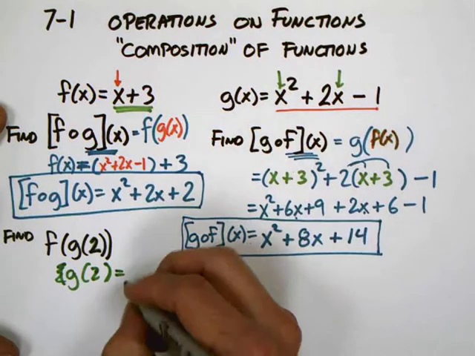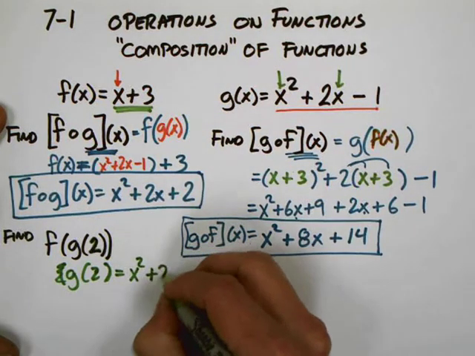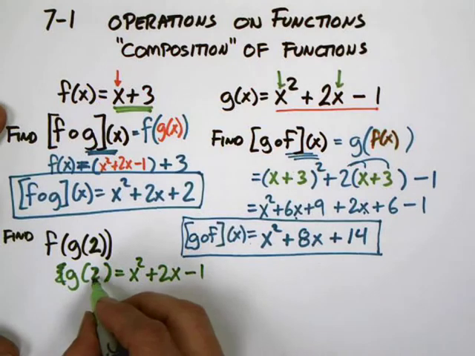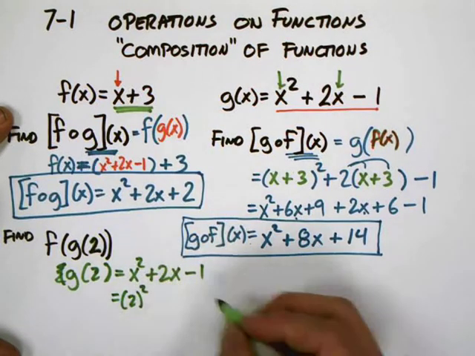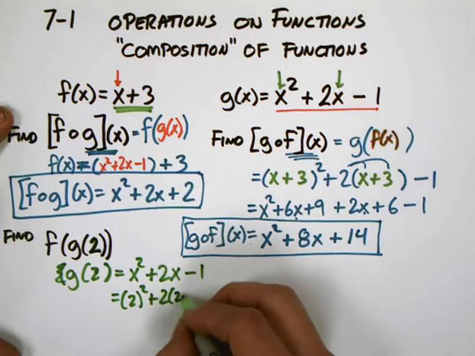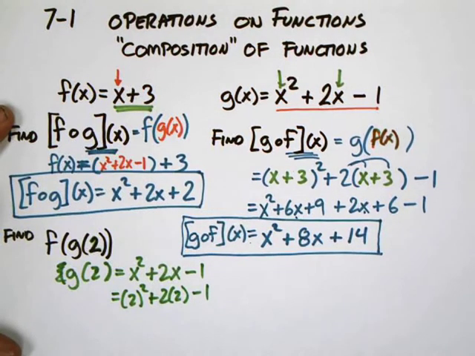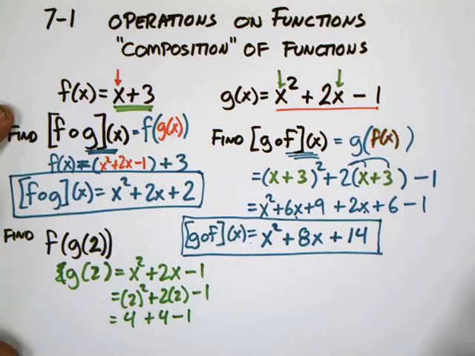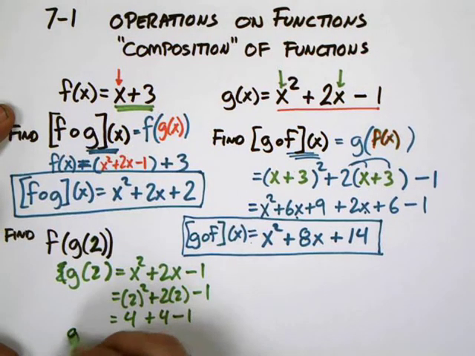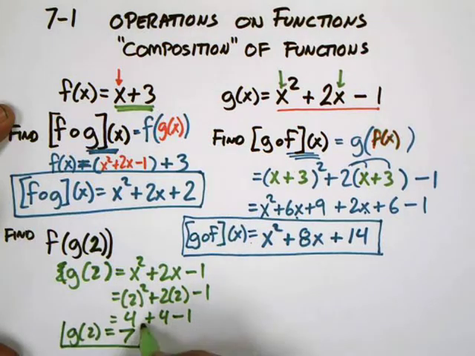Here's my g function, x squared plus 2x minus 1. So g of 2 is going to be 2 squared plus 2 2's minus 1. That's going to be 4 plus 4 minus 1, which tells me that g of 2 is worth 7.